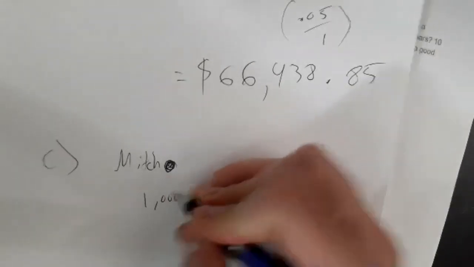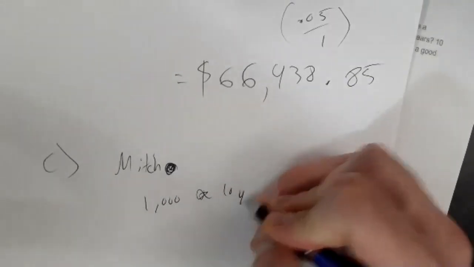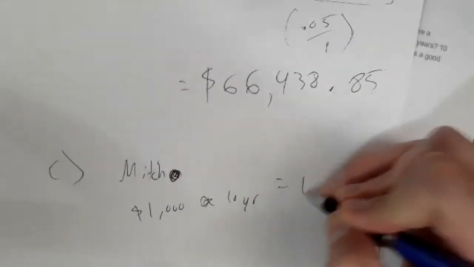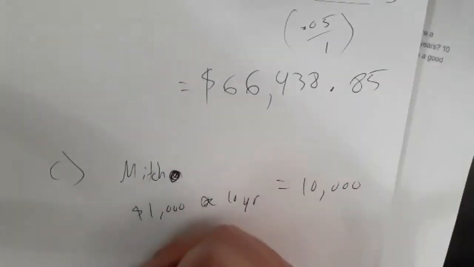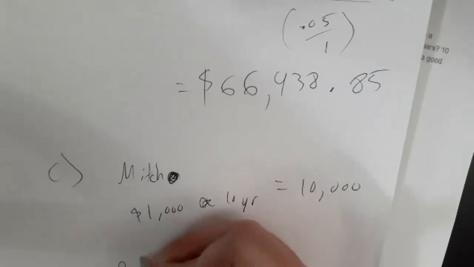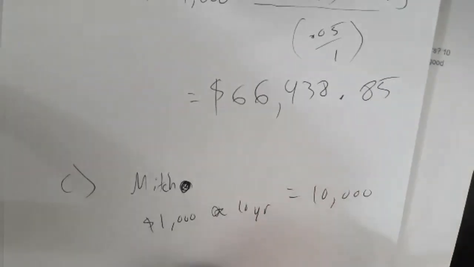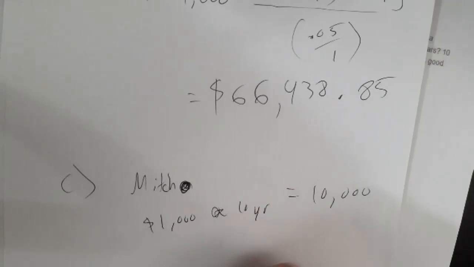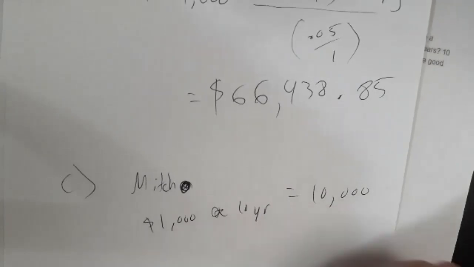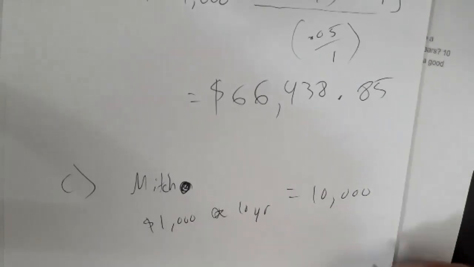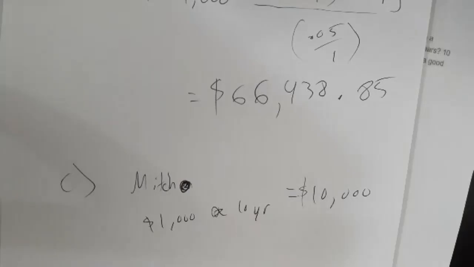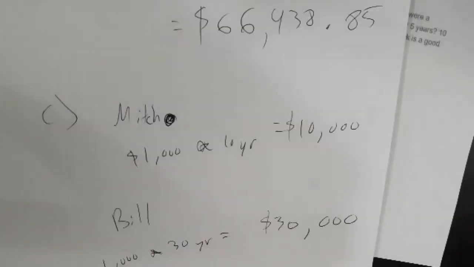Yeah, we're doing 1,000 by 10 years. He's going to end up depositing $10,000 versus what? Bill? He's doing 1,000 for 30 years. So I believe he's depositing what? 30,000? I wrote it and you can't see it.